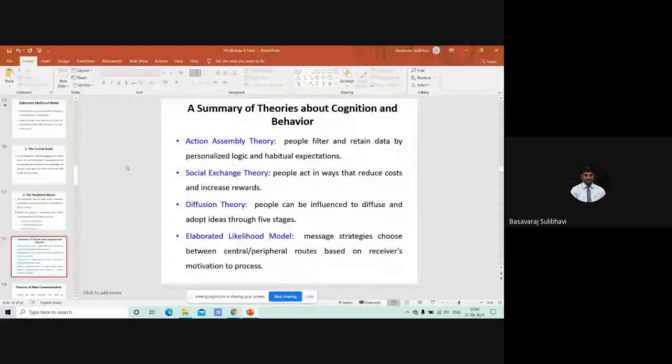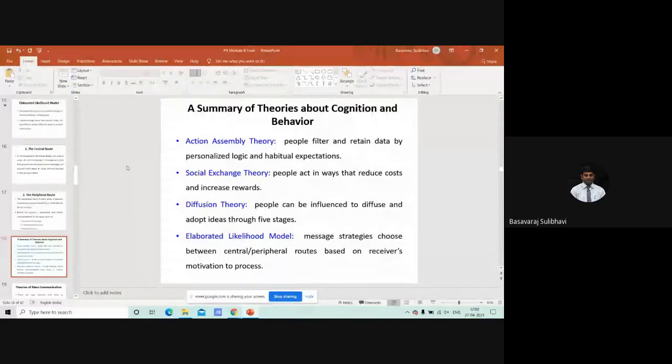If you go through the summaries of what we have discussed: the first one, the assembly theory, says that people filter and retain data by personalizing logic and habitual expectations. Then we have social exchange theory, which says people act in a way that reduces costs and increases rewards.